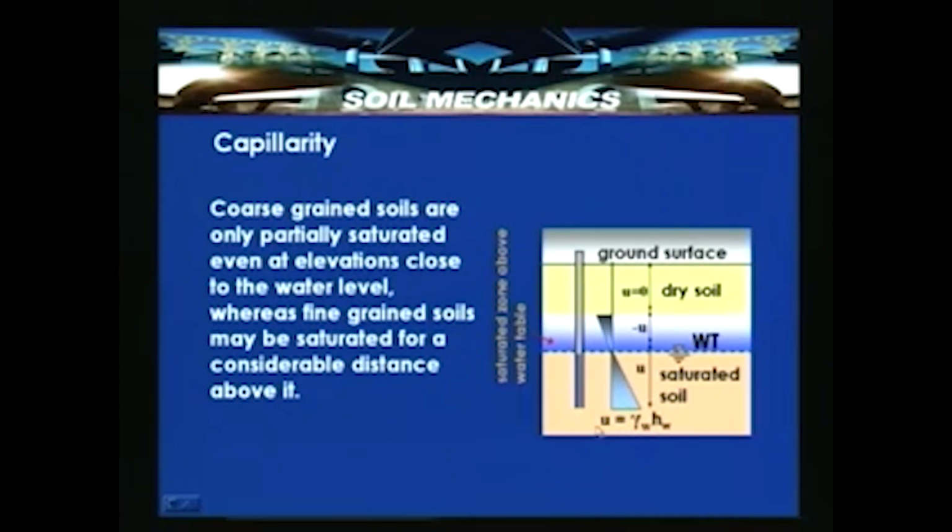So, the pore water pressure can have this particular distribution, because the water which rose above the water table, above the zero or atmospheric pressure, can be called negative pressure.